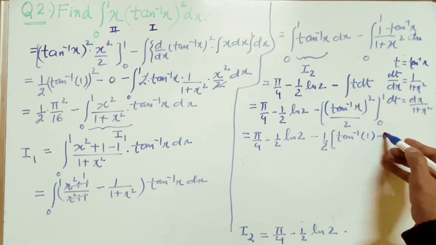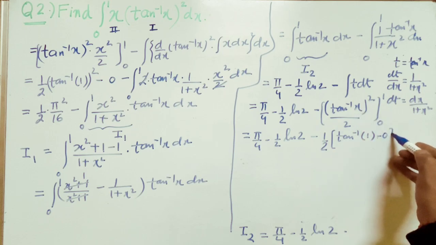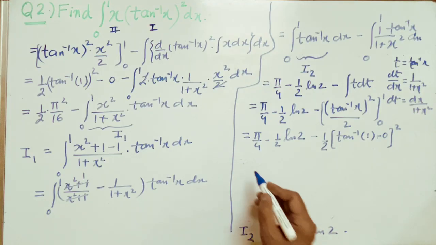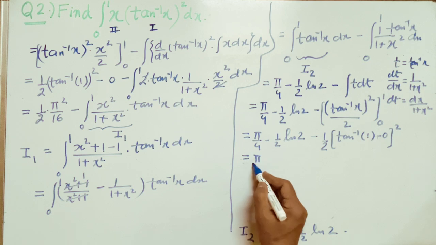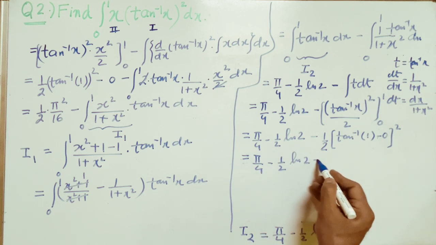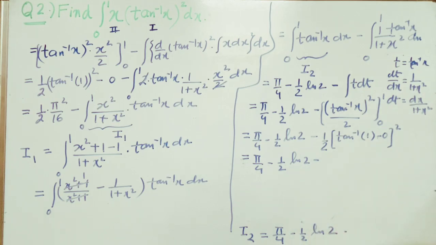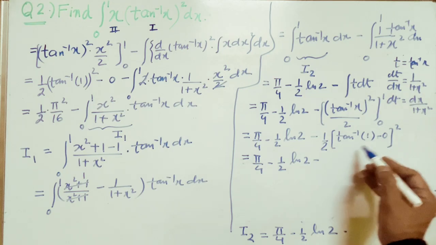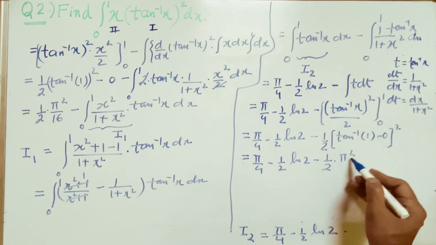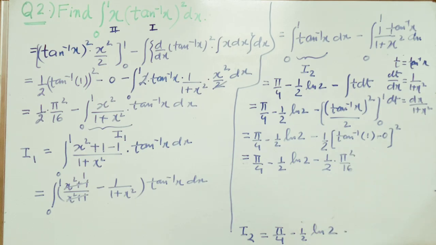I'm just making it 0 because tan inverse 0 will be 0 only, and its whole square. So now it is pi by 4 minus half ln 2 minus tan inverse 1 will be pi by 4, and when we square it, it will become pi square upon 16. So this is the complete value of I1.